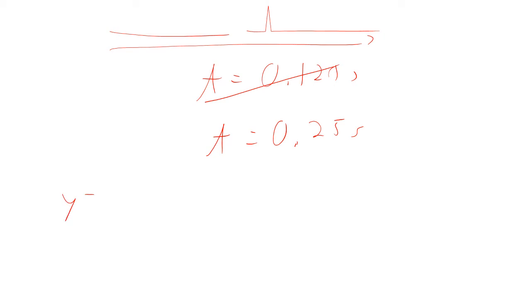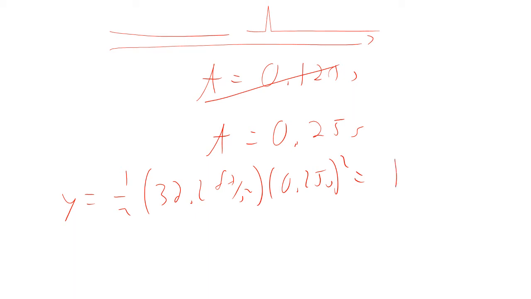And so the distance would be 1/2 times 32.2 feet per second squared times 0.25 seconds squared. Okay, so that is going to be equal to 1.01 feet. How far is that? That's about 12 inches. So it falls 3 inches for the first distance.